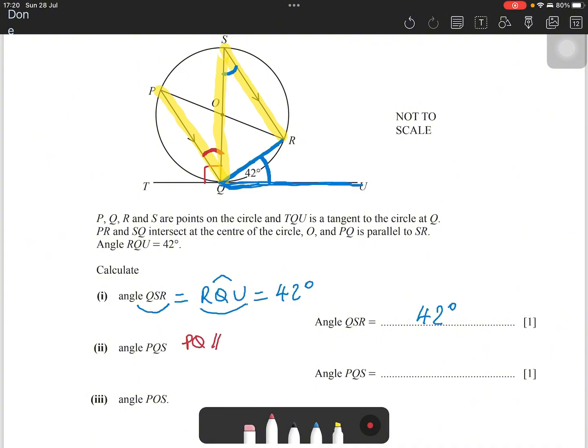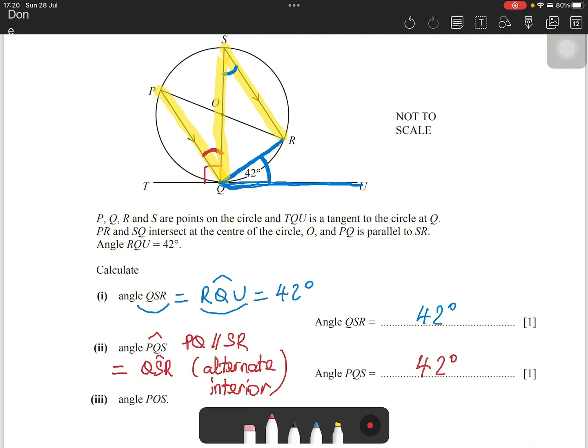PQ is parallel to SR. So PQS is equal to angle QSR because they are alternate interior angles. This means angle PQS is also equal to 42 degrees.